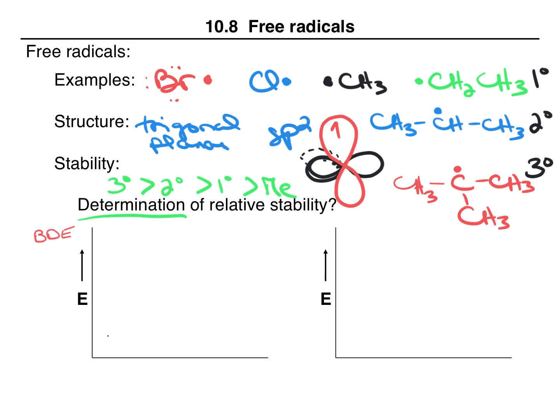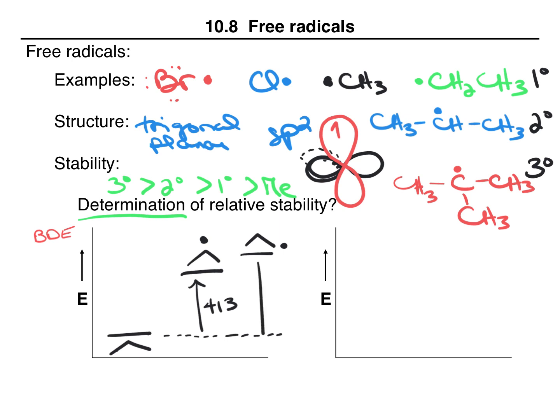So for example, if we were to start out with propane, here is this energy. If we form a radical, these are going to be higher in energy, and we have this, which is a secondary radical, and this was shown to have a bond dissociation energy of 413 kilojoules per mole. And then if we have this one, this is a primary radical.